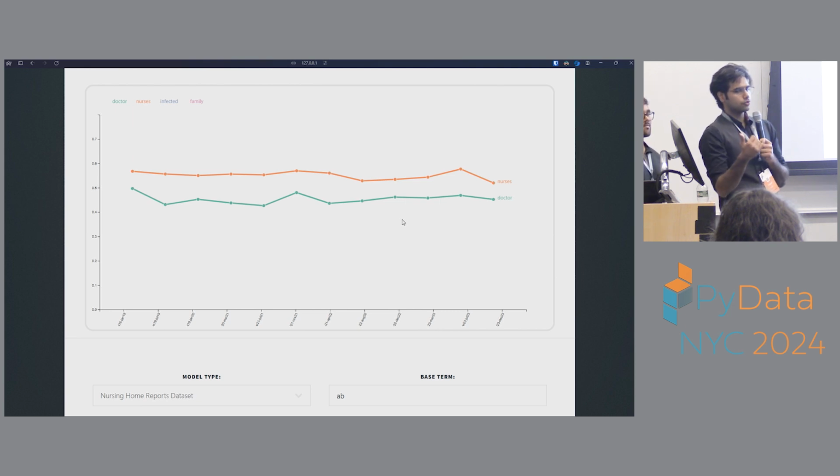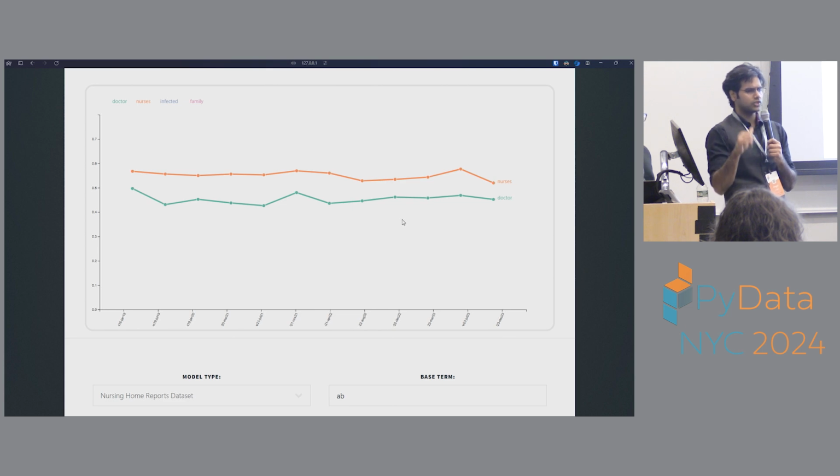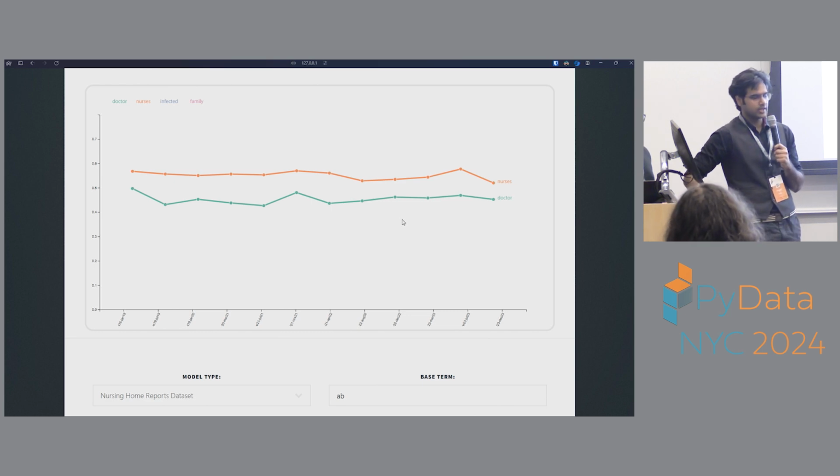LDA, for those who don't know, is a topic modeling technique where you apply LDA over a corpus and you tell it, give me 5 terms, and it gives you the 5 most important terms that LDA thinks are associated with this document. The thing was, you have to give the number of terms, which I felt was constraining, because when you're working with textual data, it's completely arbitrary, completely subjective. So that's where this idea came from.